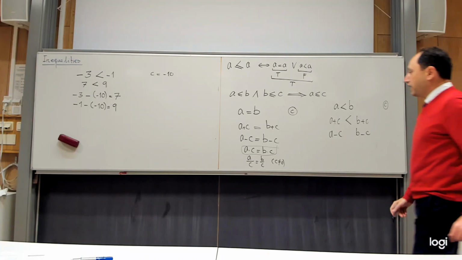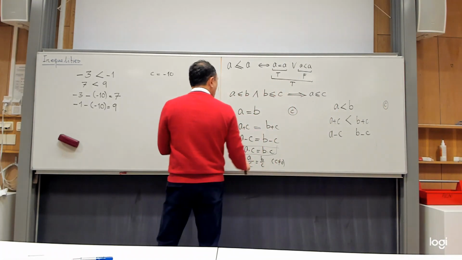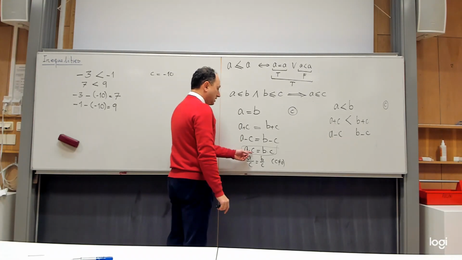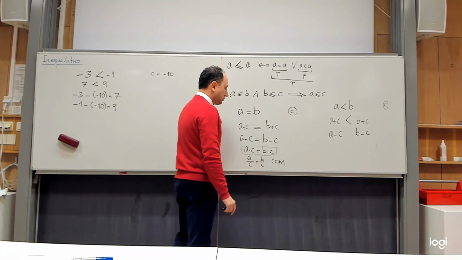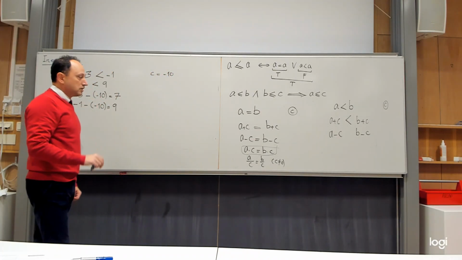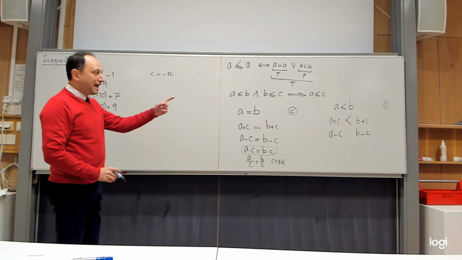Okay? So if I tell you that A and B are equal, and you multiply the left-hand side by a number and you multiply the right-hand side by that number, then the results are the same. But what happens here?